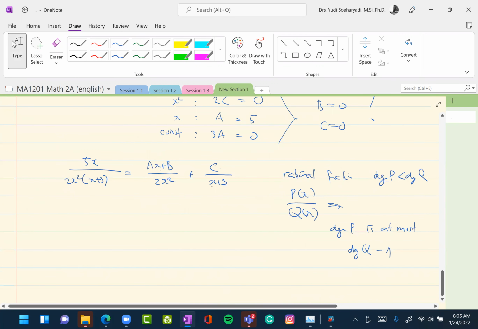Okay, so this one, at least at the moment, is correct because this is a square and the top should be linear, degree 1. Here degree 1, then the top should be degree 0. Okay, so this might work.